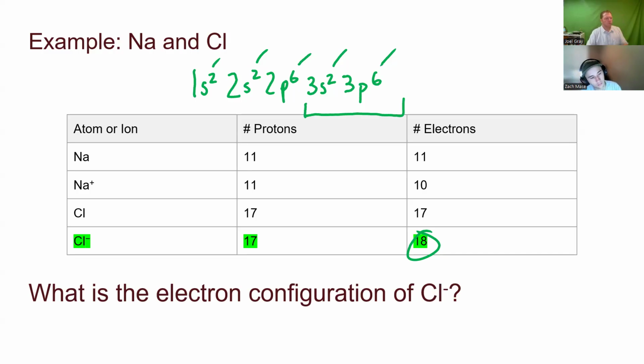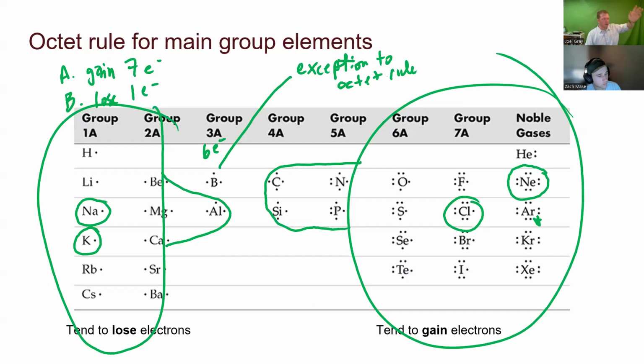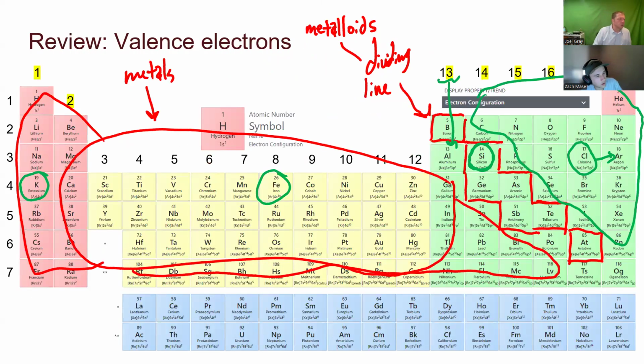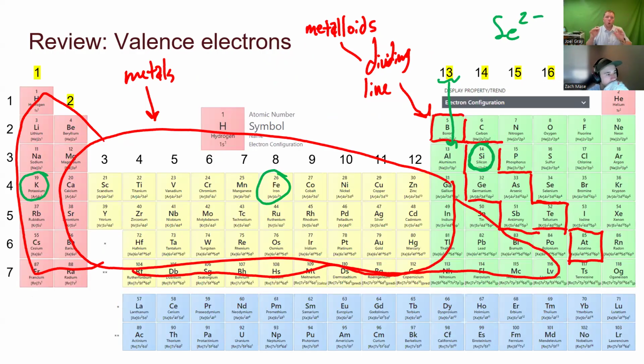I'm going to look at the periodic table, and I'm going to throw some questions at you. Add to the chat, how many electrons does Se 2 minus have? Total electrons.